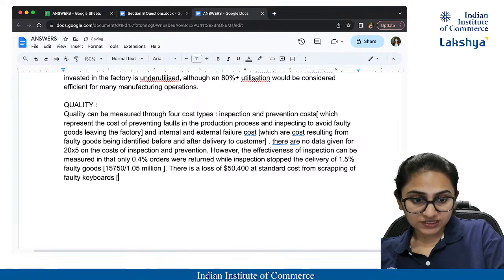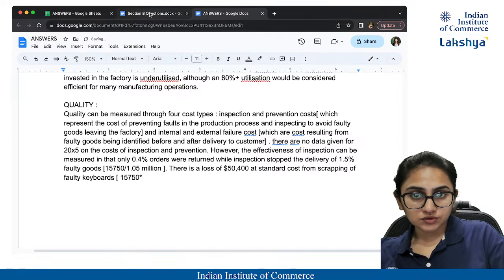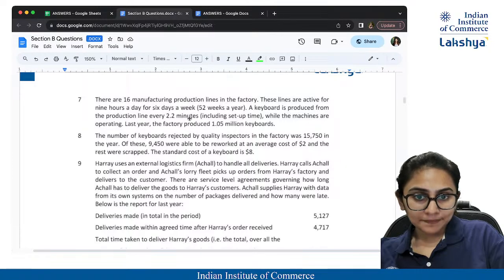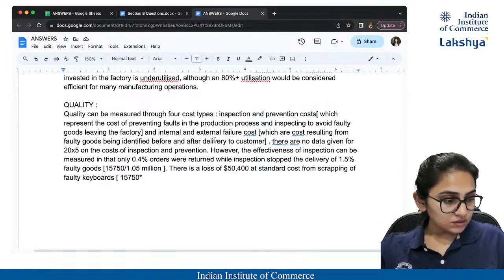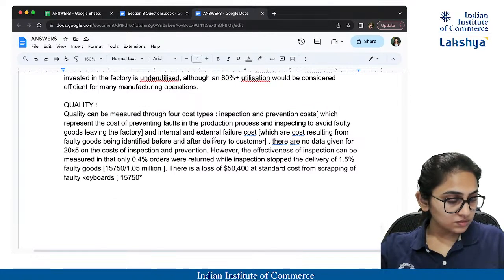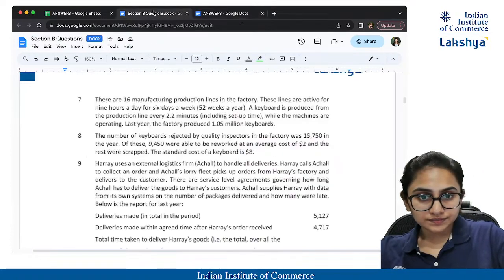Because the cost of scrapping is how much? 15,750 into, what is the cost of scrapping? .8.